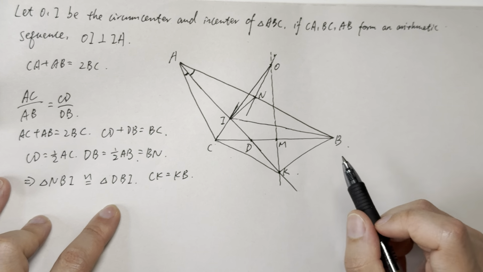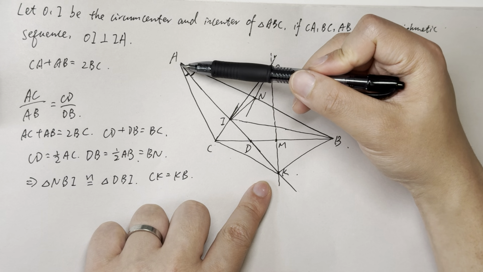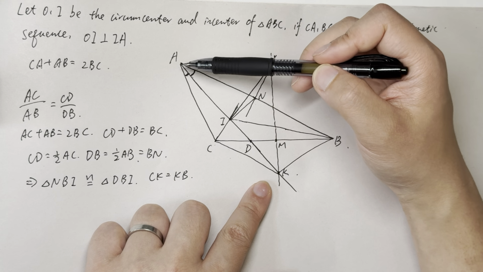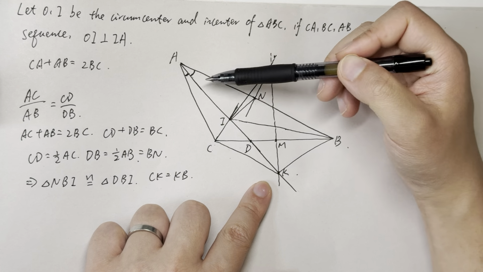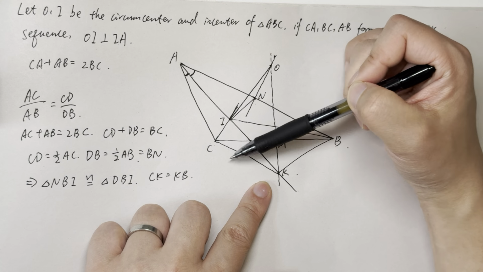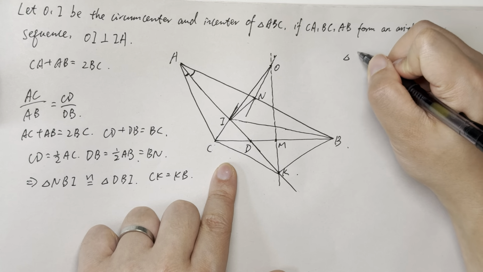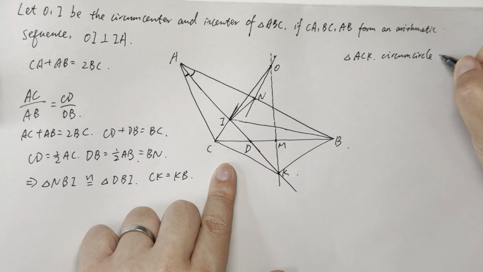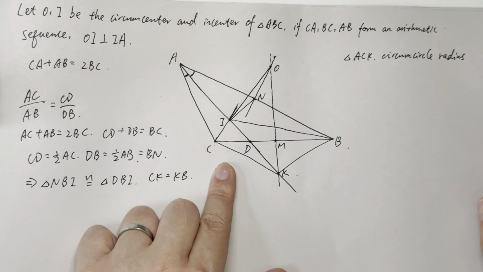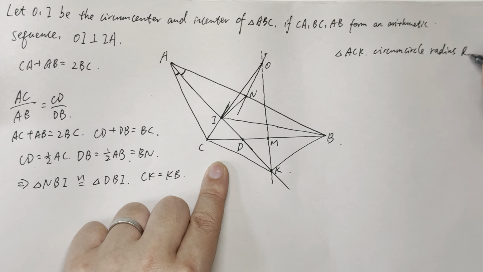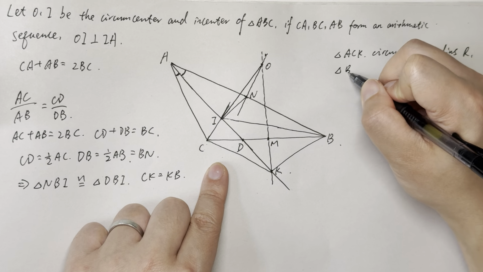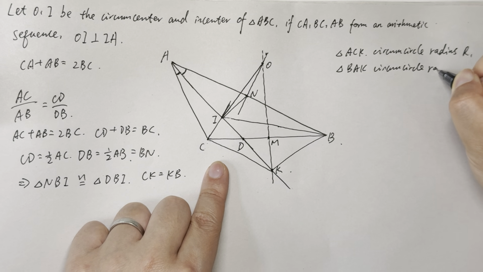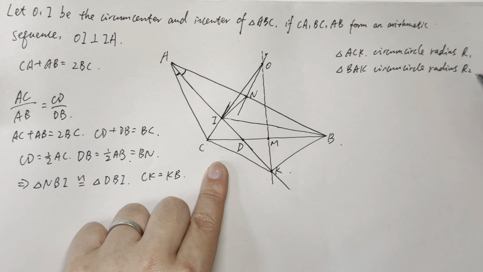So if we assume the circumcircle radius of triangle CAK to be R1, and the circumcircle radius of triangle BAK to be R2.